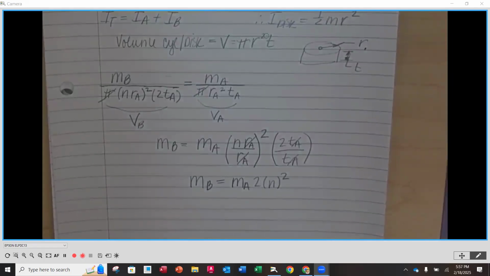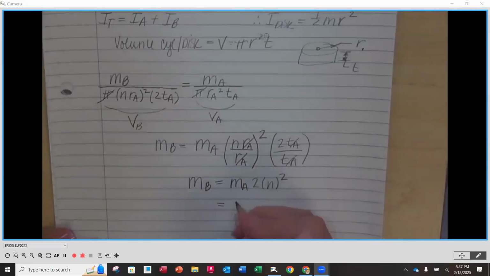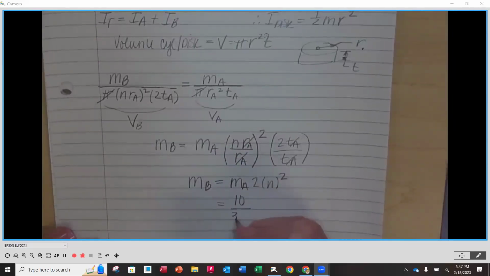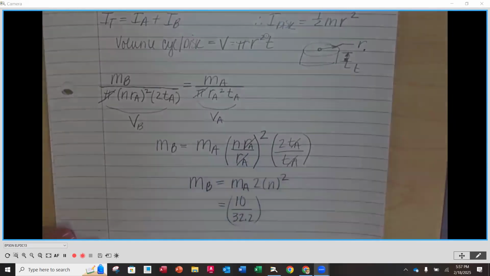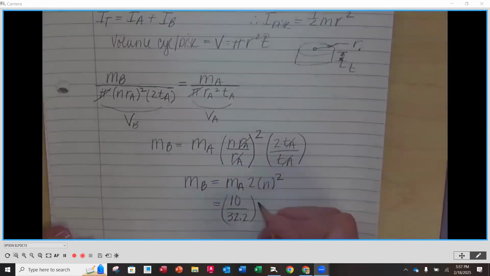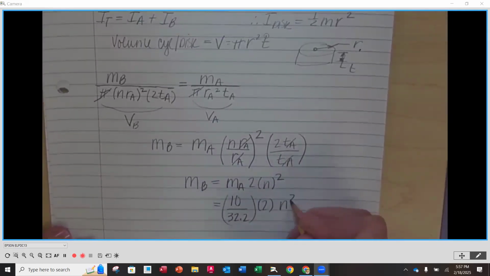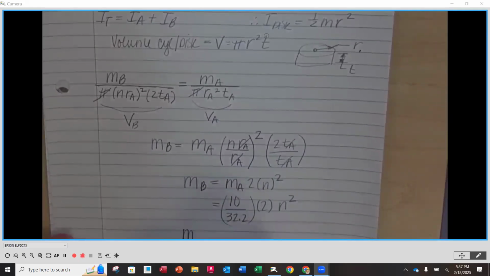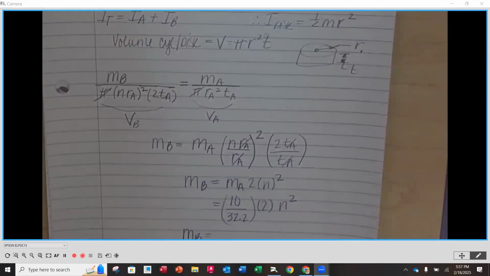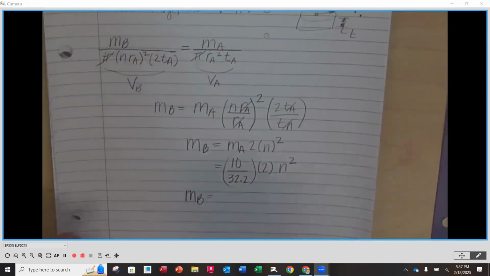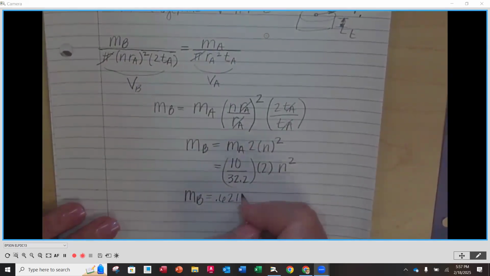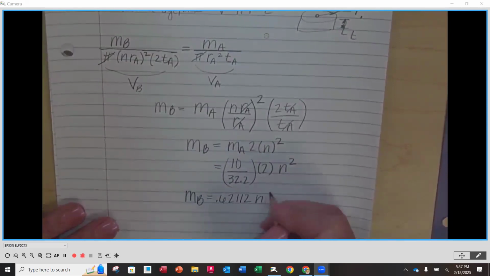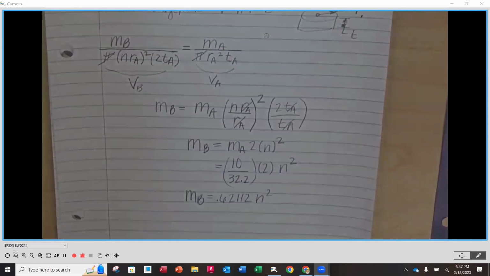So now I know the mass of A. So I'm going to take my 10 pounds, divide it by 32.2, divide by gravity, multiply that by 2, and then I'm going to have N squared out there. So doing that, I can say that my mass at B is going to be equal to 0.62112 N squared.